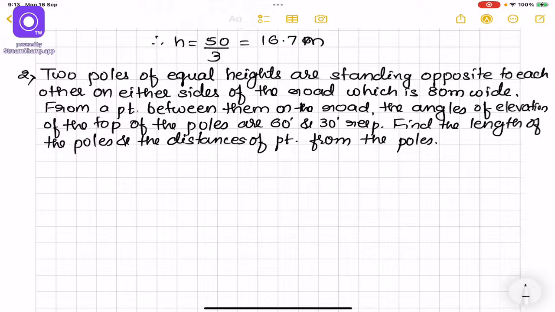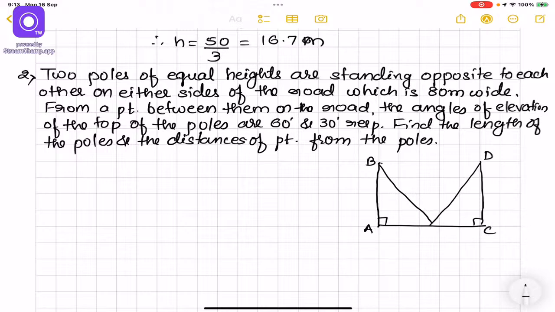So coming to the making of the figure, I can say these two, that is AB and DC, are two equal height poles, and they both are seen at an angle of 30 degree from some point and at an angle of 60 degree.